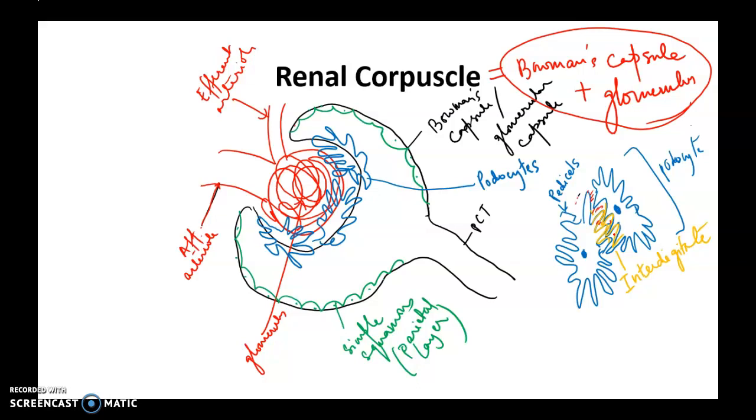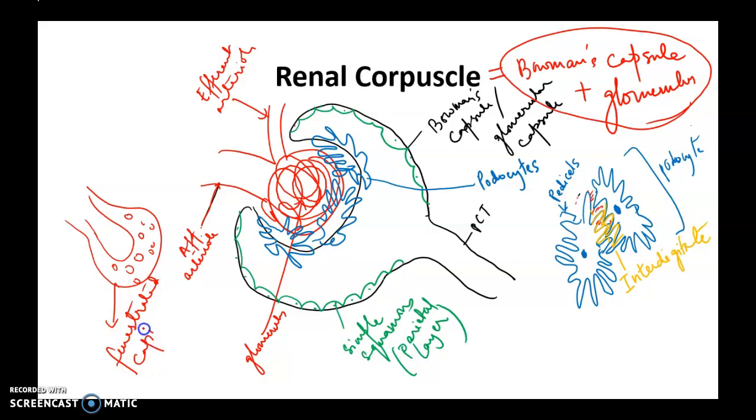Another thing that I want to point out is that the glomerular capillaries have holes. They are called fenestrated capillaries of the glomerulus. So what's the key point here? What's the take-home message?